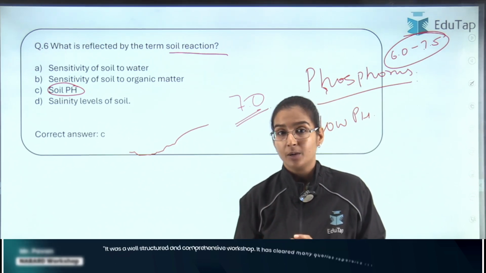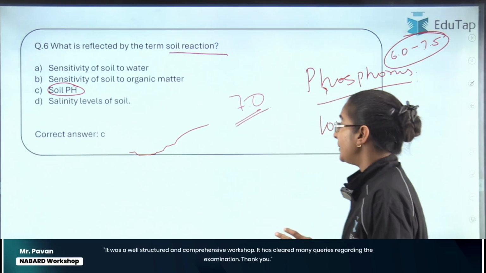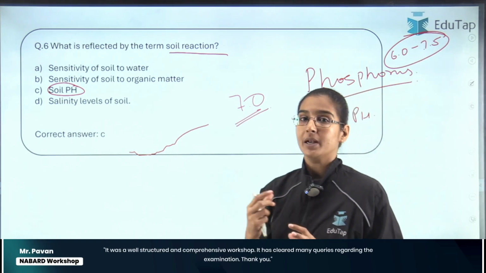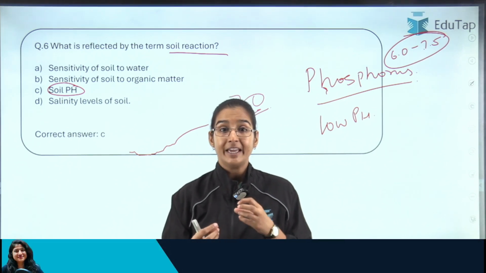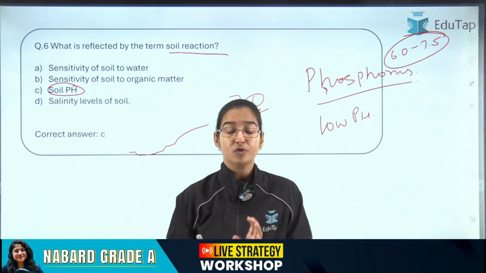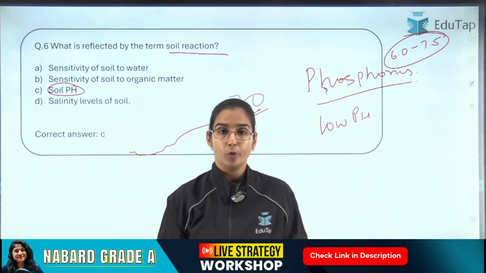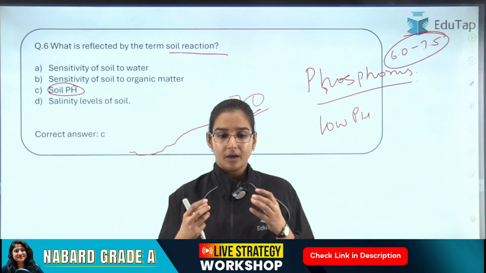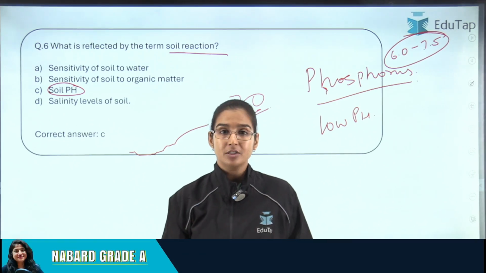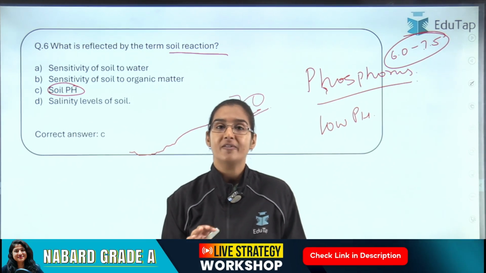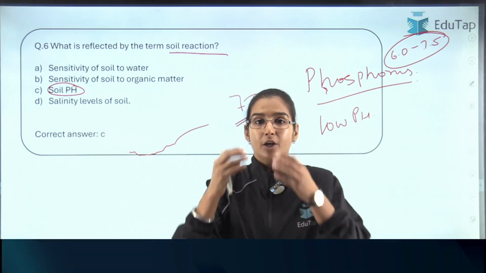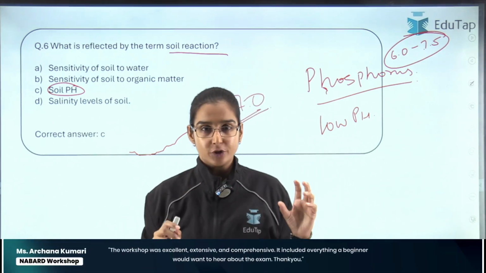Now what is meant by the term phosphorus precipitate? Precipitate basically means that the soluble compound of the phosphorus becomes a solid insoluble compound, right? It transforms itself into a solid insoluble compound, and the plant's ability to uptake this nutrient will be reduced, right? And this nutrient will not be available for the plant's uptake, right? So that is the harm which low pH causes, right?